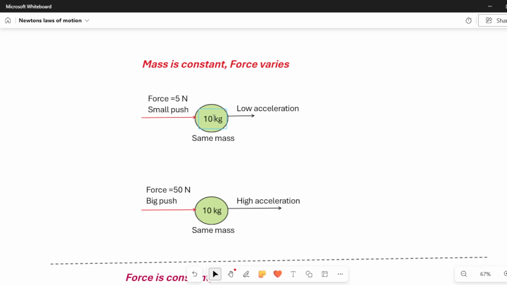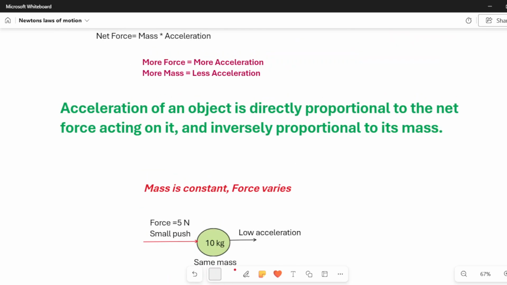Now, if I am pushing the ball with 5 Newton force, so I am pushing the ball slowly, what will happen? Your ball will move slowly forward. But the same ball, if I am pushing with 50 newtons, so a big push, I'm pushing it fast, what will happen? Your acceleration will be high. It will accelerate fast. So this explains the acceleration of an object is directly proportional to the net force acting on it.